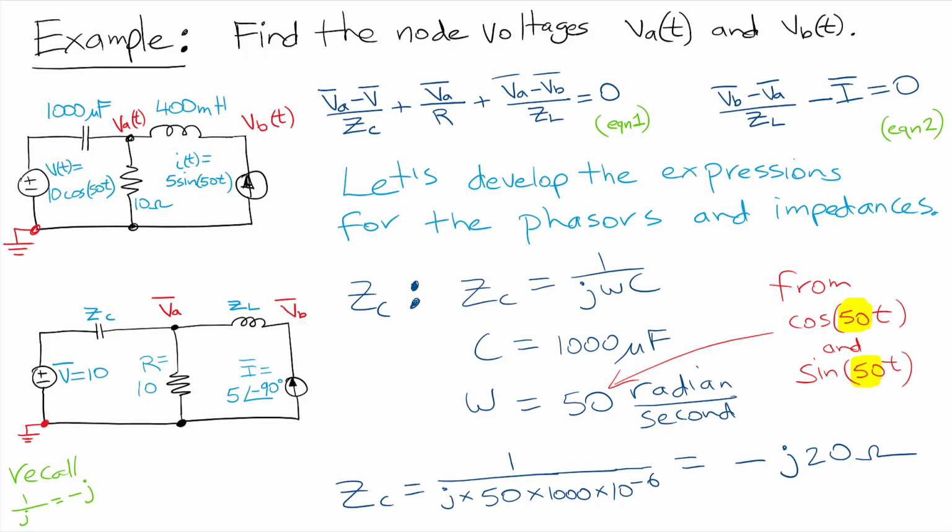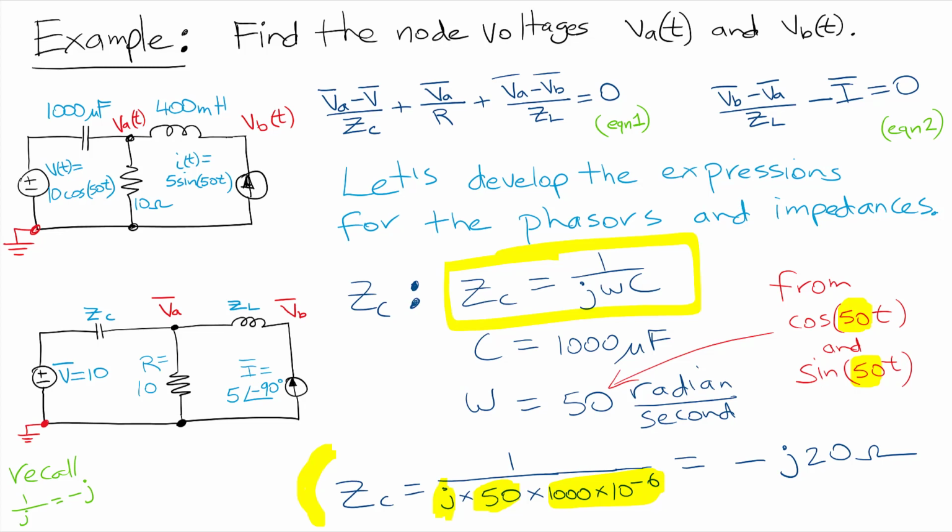We're going to use this equation, ZC is equal to 1 over j omega C. So we've got it down here. On the bottom we have j times 50, which is the radian frequency, times 1,000 microfarads. You should also know your multipliers for micro, milli, and so on.